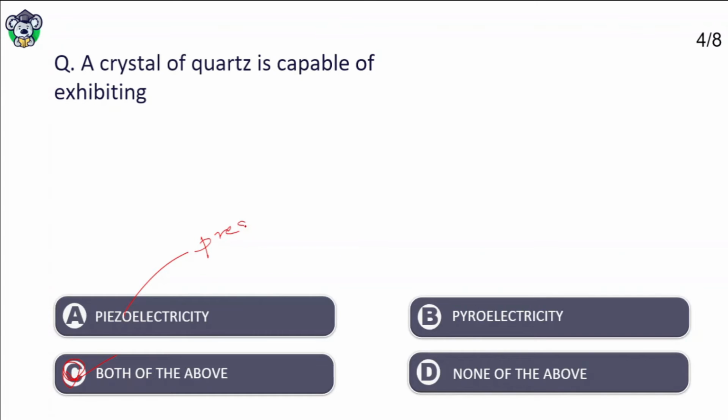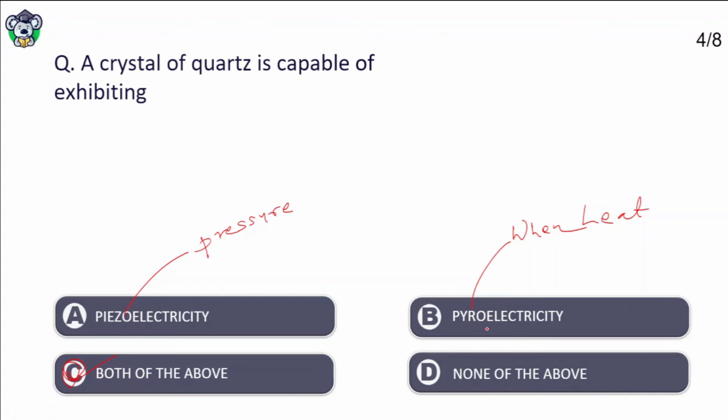Pressure sensitive, you may say. Okay. Pyroelectricity. What is pyroelectricity? When we provide heat to some crystal, it exhibits its electric property. Okay, that is called pyroelectricity.